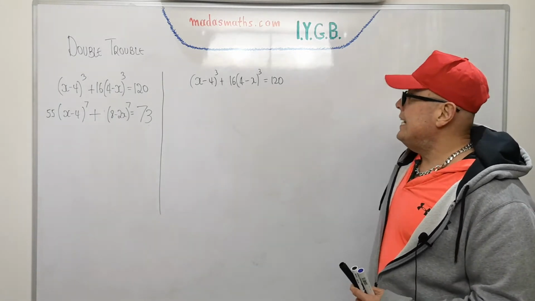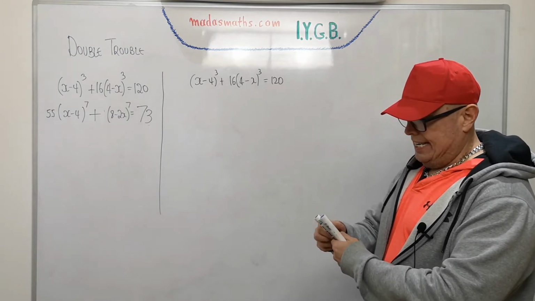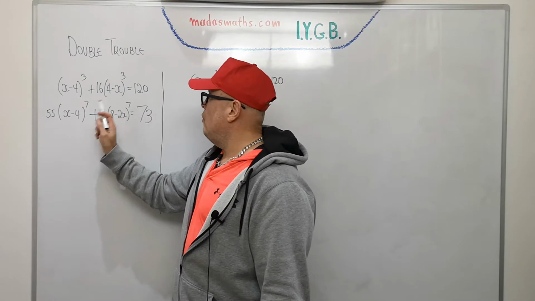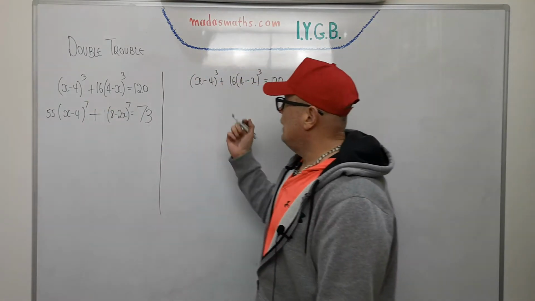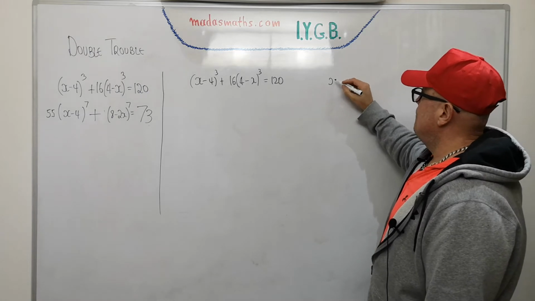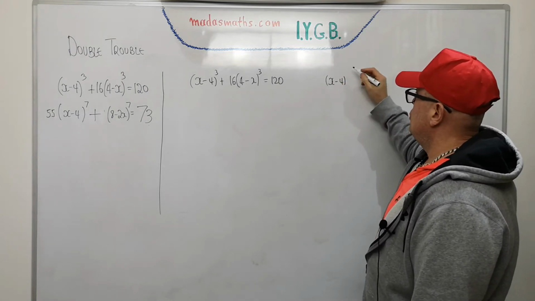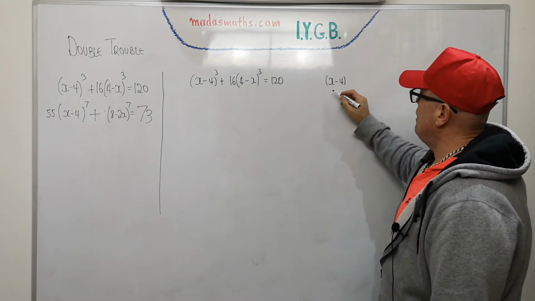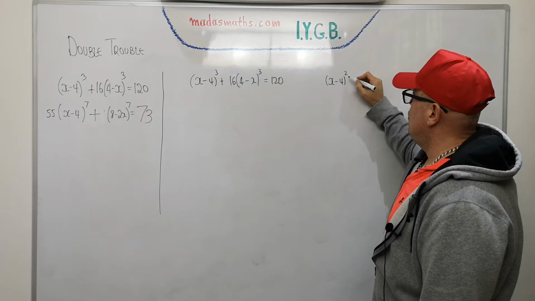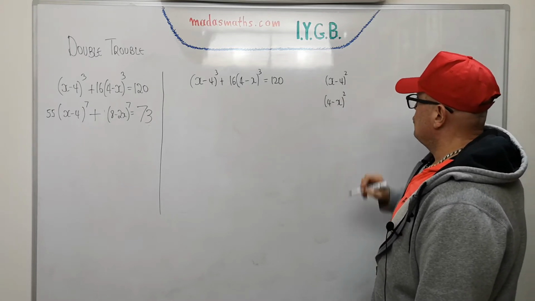So what is there for us to see? Let's have a look at what we can actually see in there. Since both of them have an x minus 4 in there, let's look at x minus 4 all squared and compare it with 4 minus x all squared.